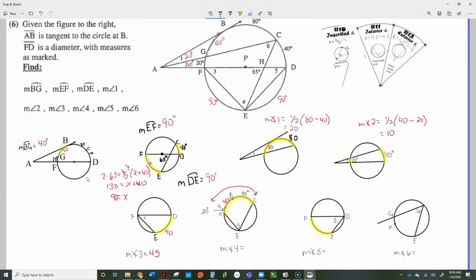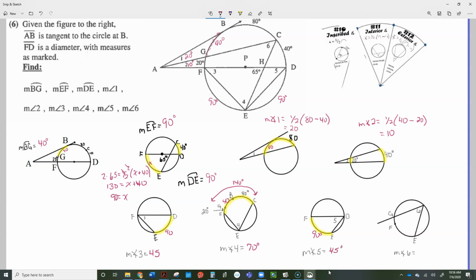That arc right there is 140 degrees. So if that's 140 degrees and the measure of angle 4 is half of 140 degrees, it looks like it's 70. Remember a while ago we found FE to be 90 degrees, so angle 5 is 45.